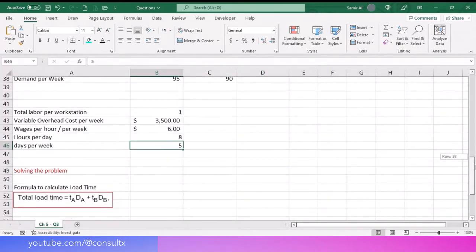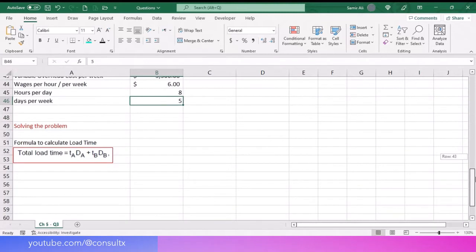Now, to solve this problem, we need to find the total load time of each of the workstations. So the first thing we need is the formula. To find the total load time, it is the time for product A multiplied by the demand for product A, plus the time for product B multiplied by the demand for product B. So let's write this information down.